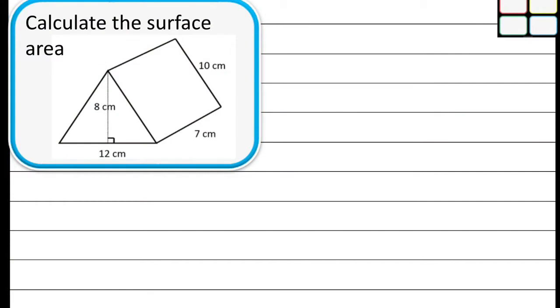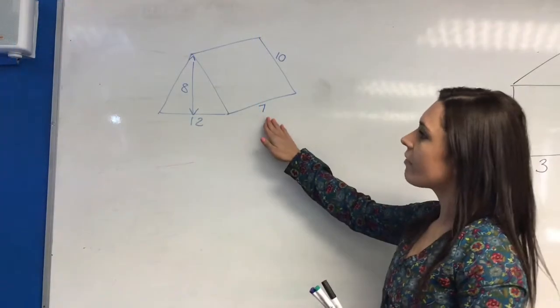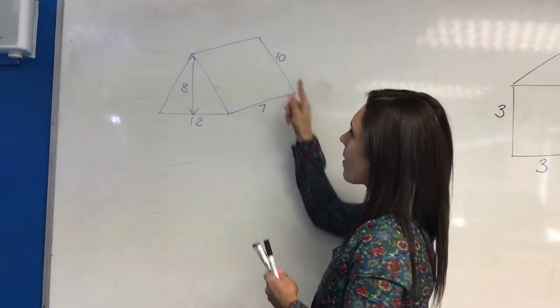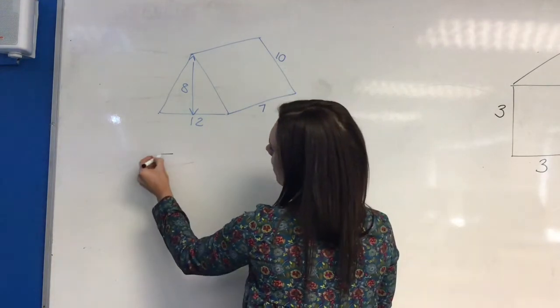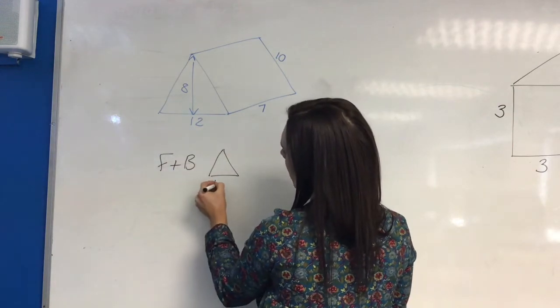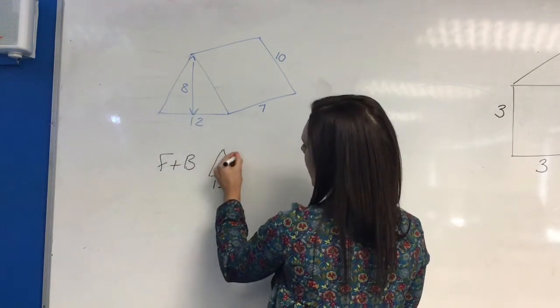Here's the question I'm going to go through now. If you feel confident, pause the video first and have a go. Here we have a triangular prism. We have a front and a back, which will both be triangles. And it has a base of 12 and a height of 8.